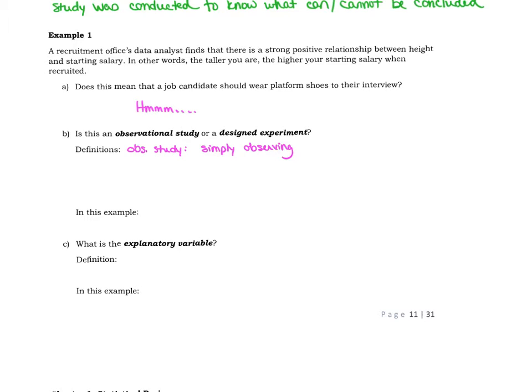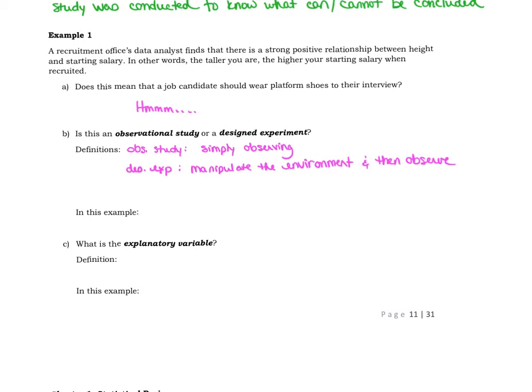In a designed experiment, this one's a little different. I don't want to use this word in a bad way, but you manipulate the environment and then you observe. By manipulate, not necessarily a negative connotation, maybe you're doing research about how plants grow with a certain fertilizer.